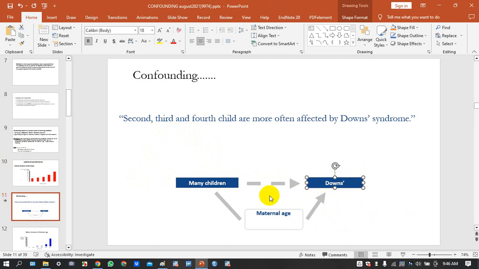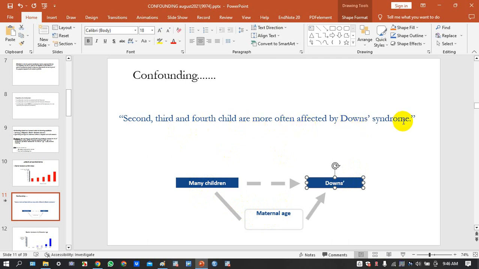Why? They are saying that a confounding variable here is what? Maternal age. Maternal age is associated with the number of children and the outcome, Down syndrome. So the second, third, and fourth child are more often affected by Down syndrome.